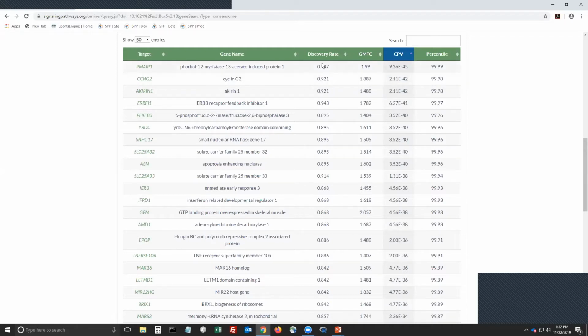Now this is the frequency with which that gene is differentially regulated in those specific experiments. You also have a geometric mean fold change, giving you an idea of the magnitude up or down. And you also have a consensome p-value, which gives you a sense of significance that the result you see is not due to chance alone. And then we rank these genes into percentiles.